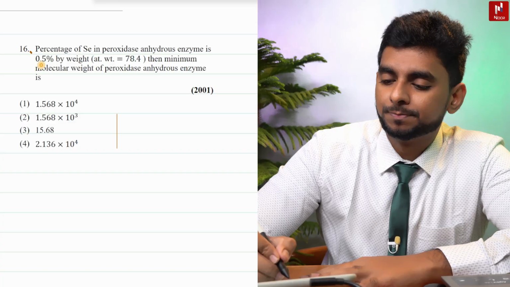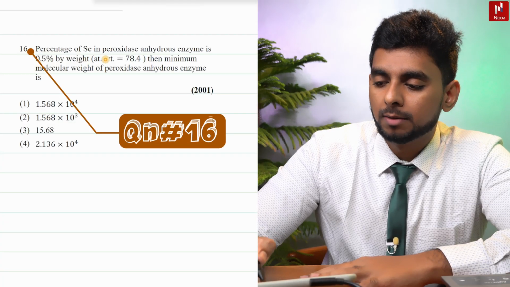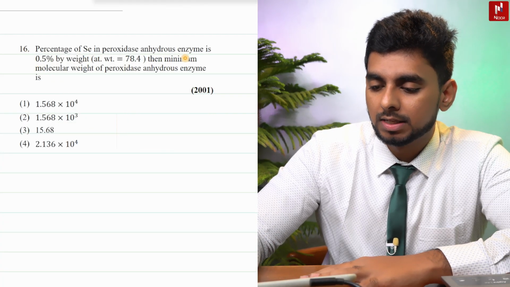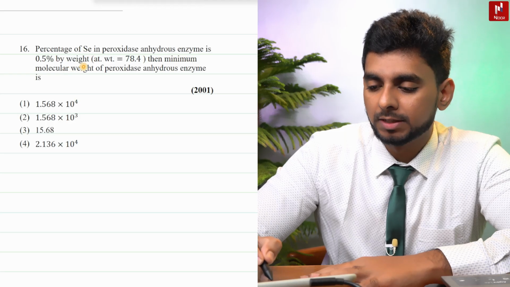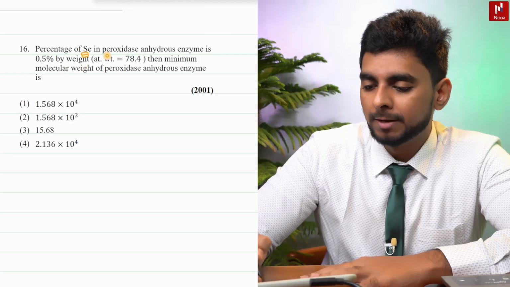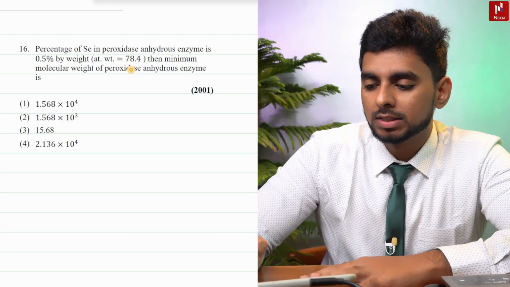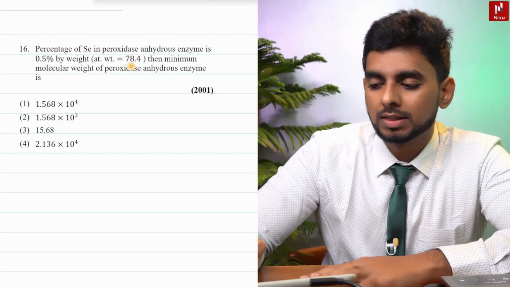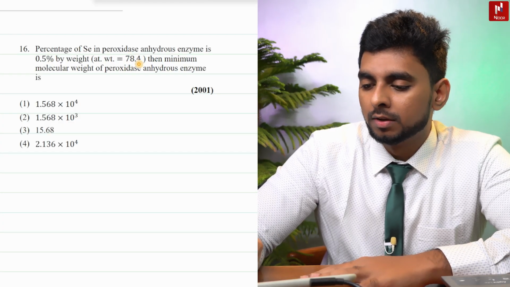Next question: percentage of selenium in peroxidase anhydrase enzyme is 0.5 percentage by weight. Okay, so they have given us a new element, which is selenium, Se. And they have also given us the atomic weight of this selenium, which is 78.4. Fine.